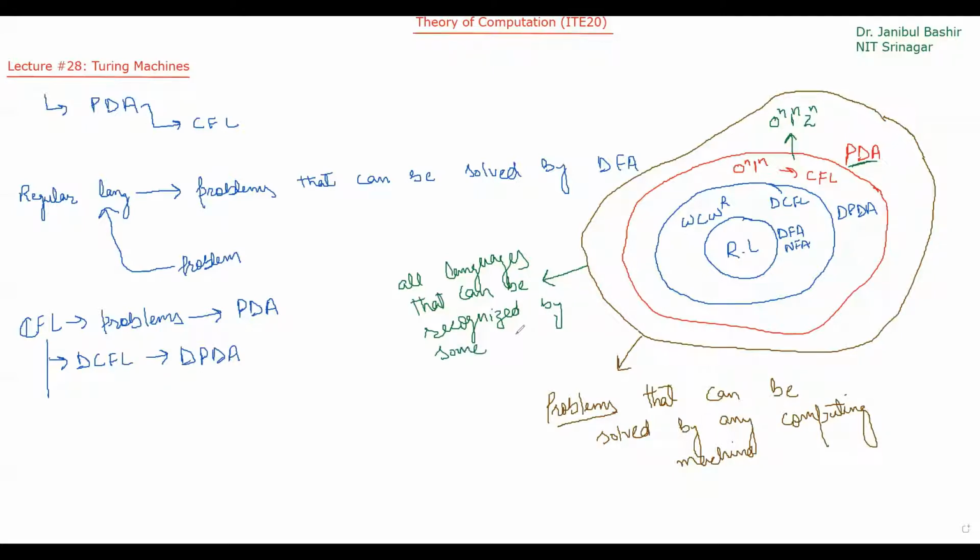In this particular set, there are some problems that are solved by a DFA, there is another set of problems that are solved by a PDA, and this entire set includes all those languages that can be recognized by some computing machine.